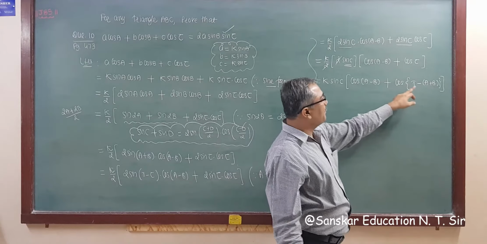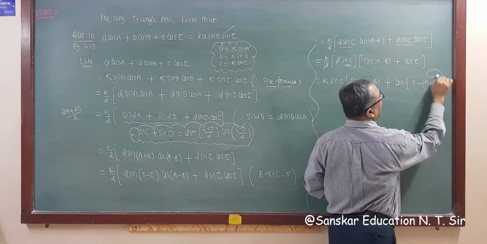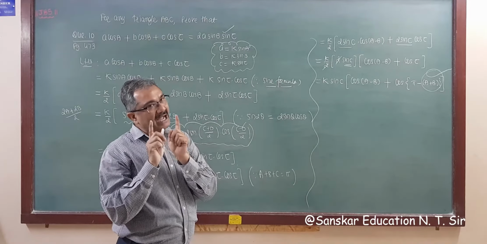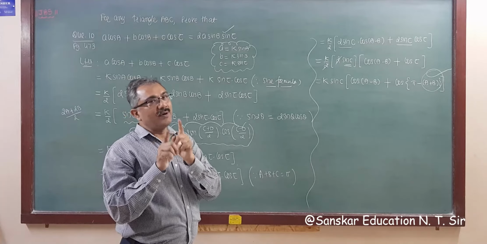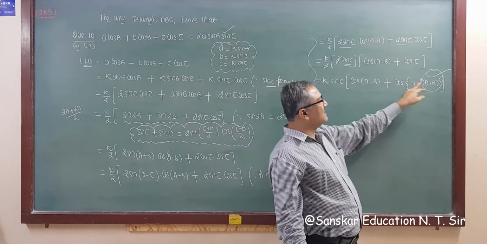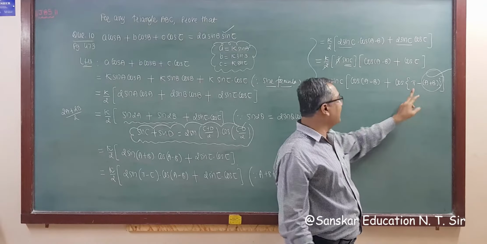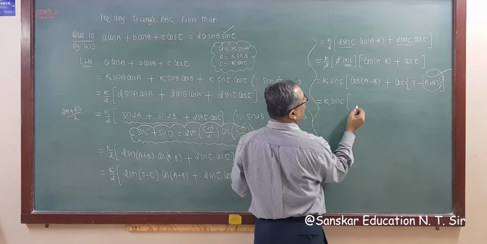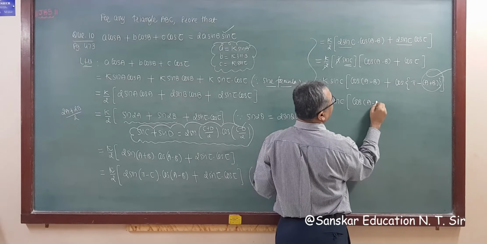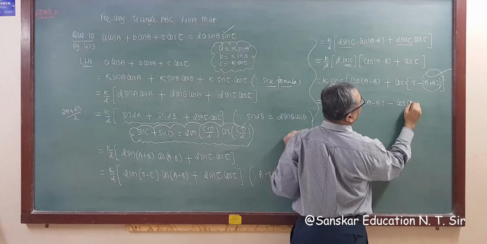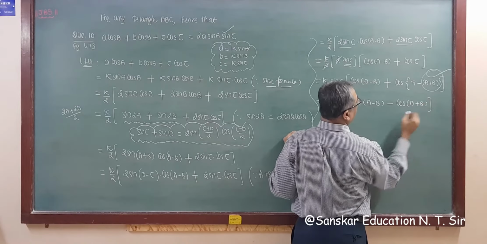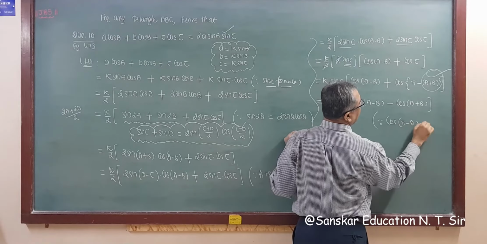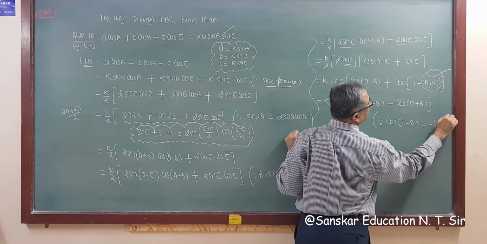Now this is cos(pi minus theta). Pi minus theta is in the second quadrant, I told you. Remember this: in the second quadrant cos is negative. So the answer will be K sin C into cos(A minus B) minus cos(A plus B), because cos(pi minus theta) is equal to minus cos theta, that you know.